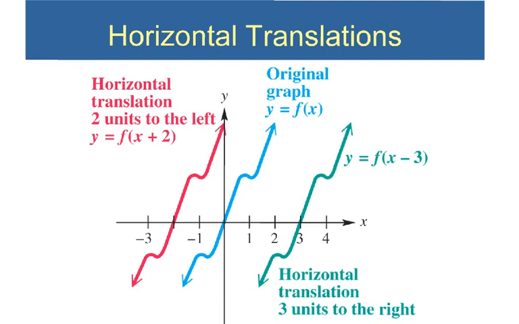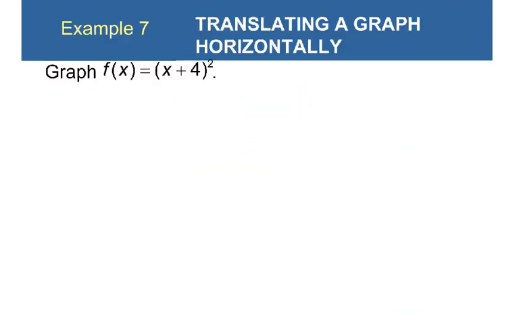You would think adding it would make it move positively, but in this case for horizontal, it does the opposite effect. So when you have a horizontal translation that goes to the right, like this one, it's being subtracted from x.